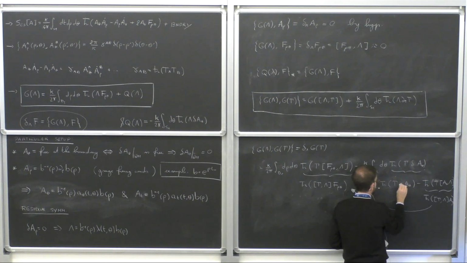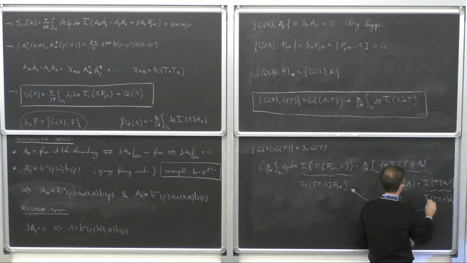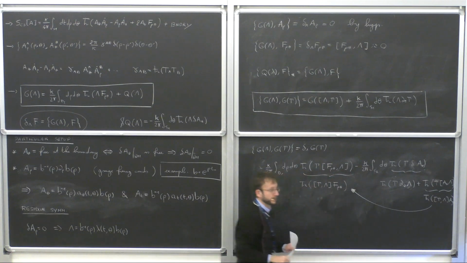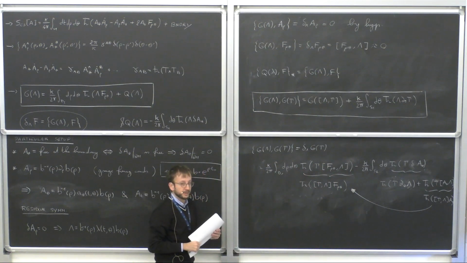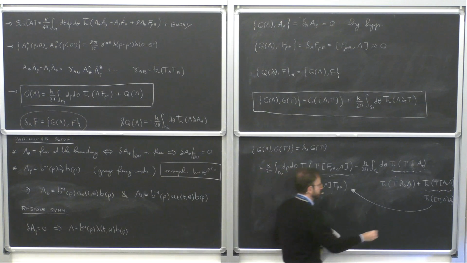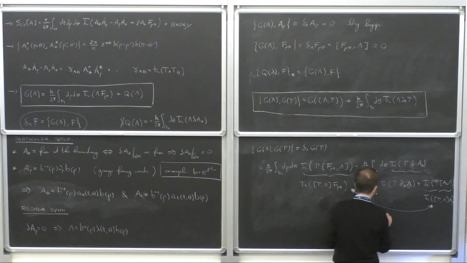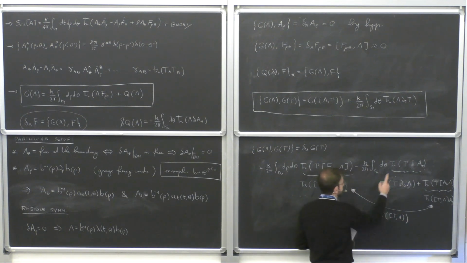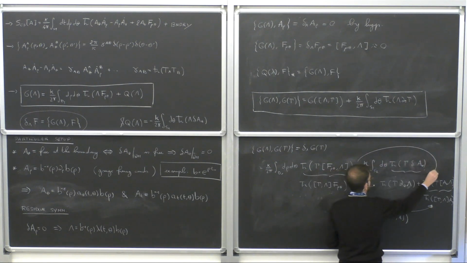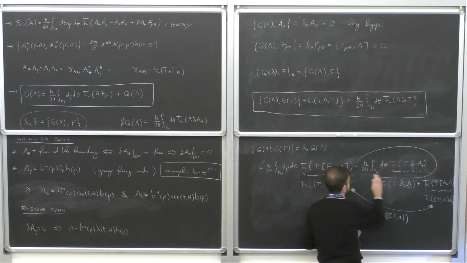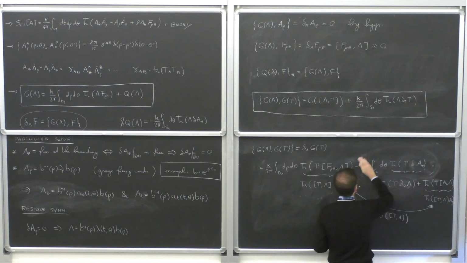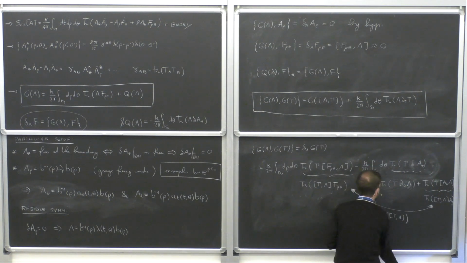The delta a theta is just d theta lambda plus this contribution here that I can reorganize. And so these two terms reconstruct G of gamma lambda, but there also remains a leftover term, which is that one.